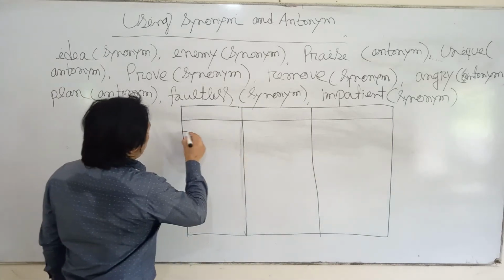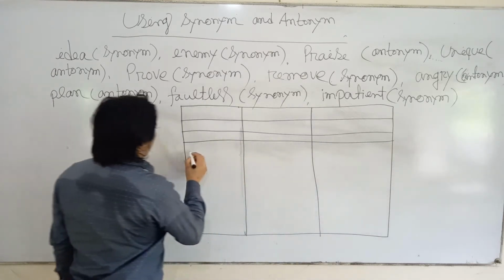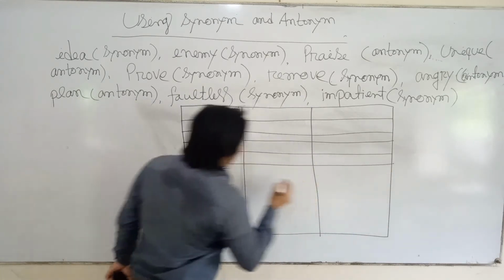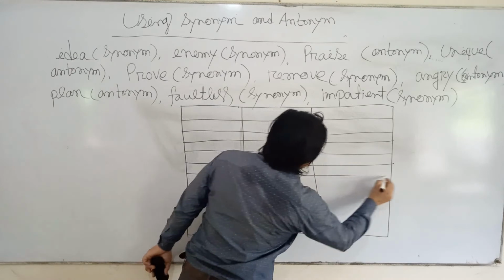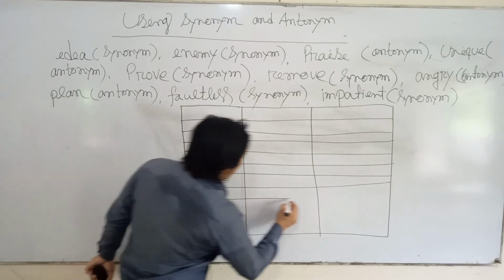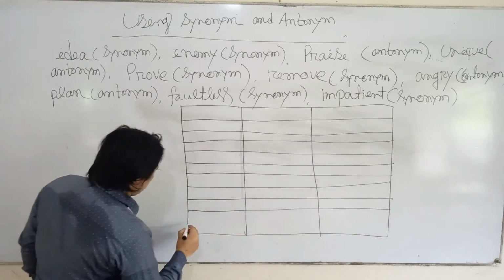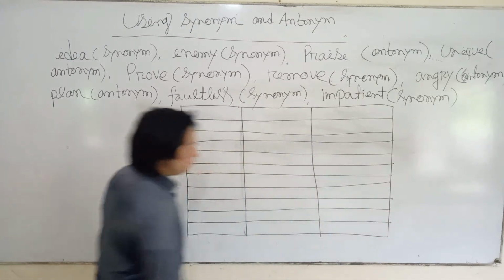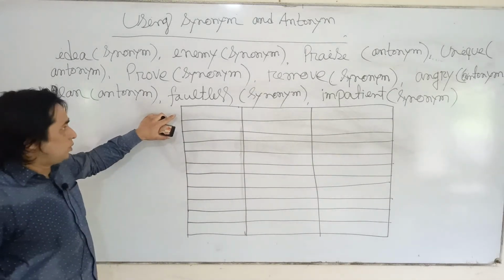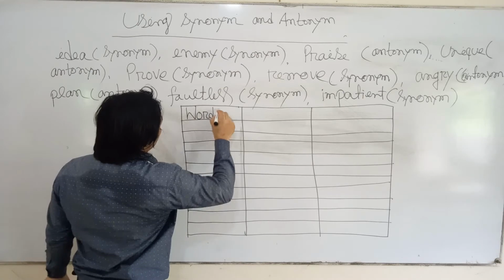1, 2, 3, 4, 5, 6, 7, 8, 9, 10 and 11. Now, in the first row of first column, write words.